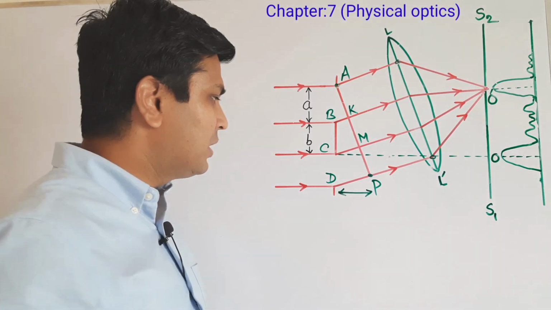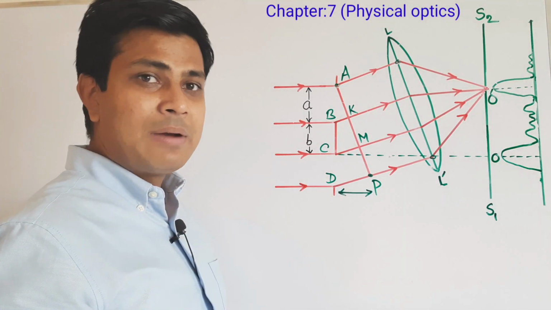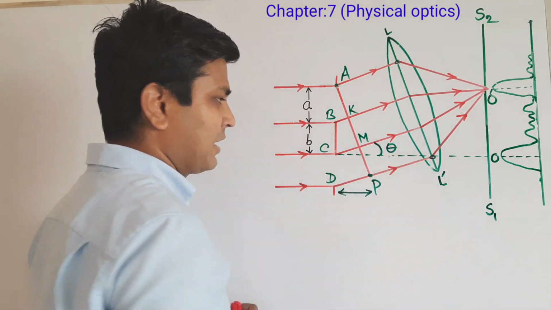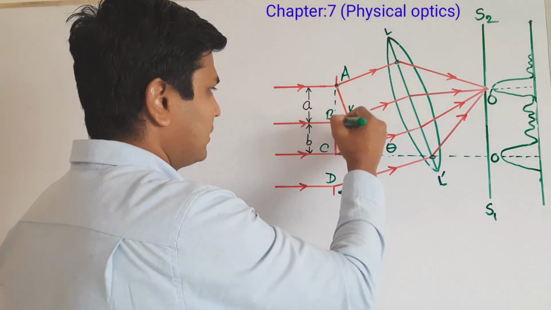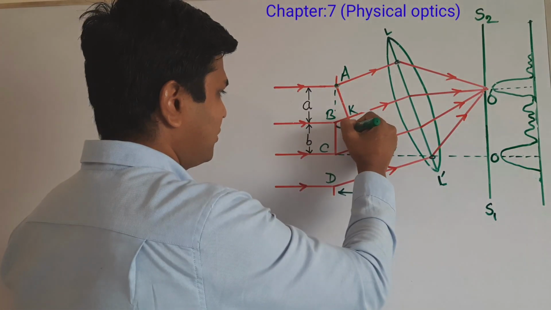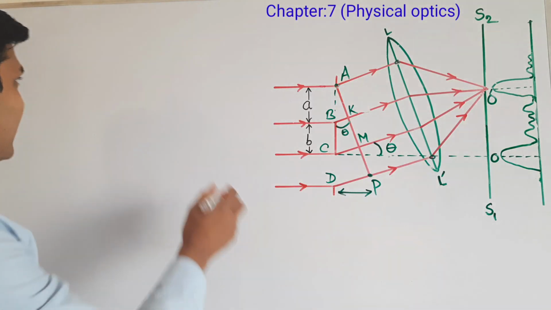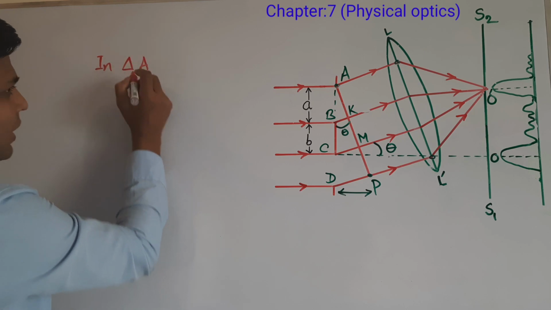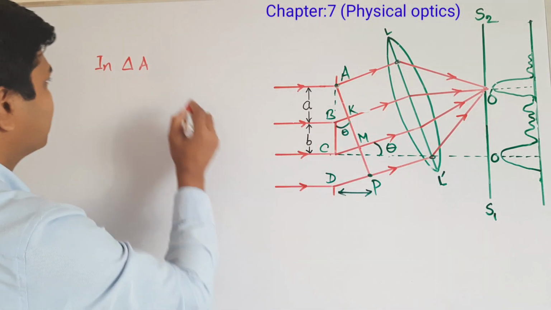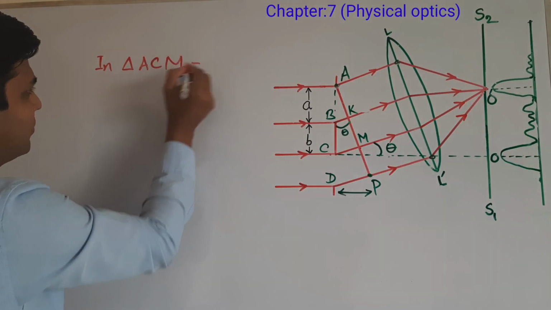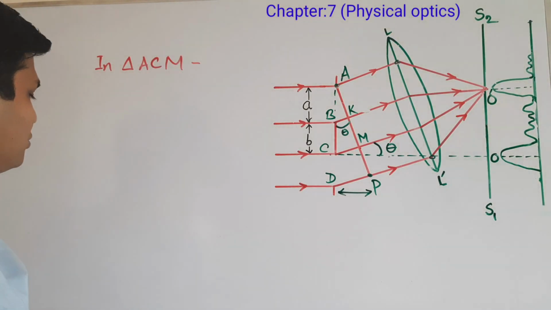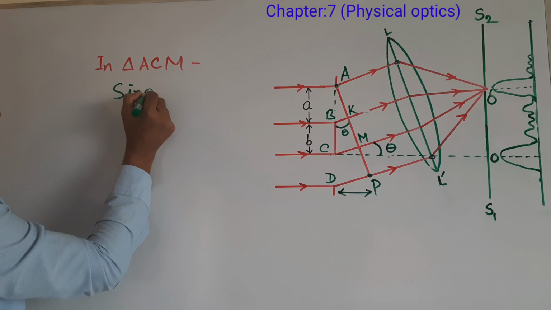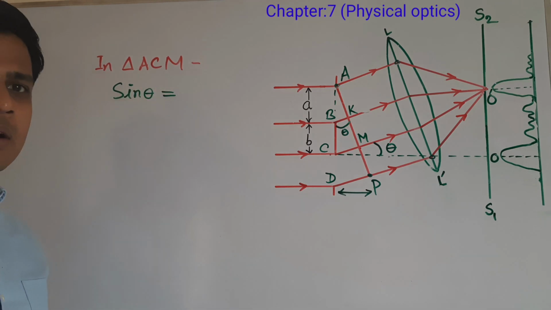Now, if you want to calculate the path difference, we have to consider the angle of diffraction. This is the angle of diffraction, and this is also the angle of diffraction. Now, in triangle ACM, we can write sine theta equals perpendicular by hypotenuse.